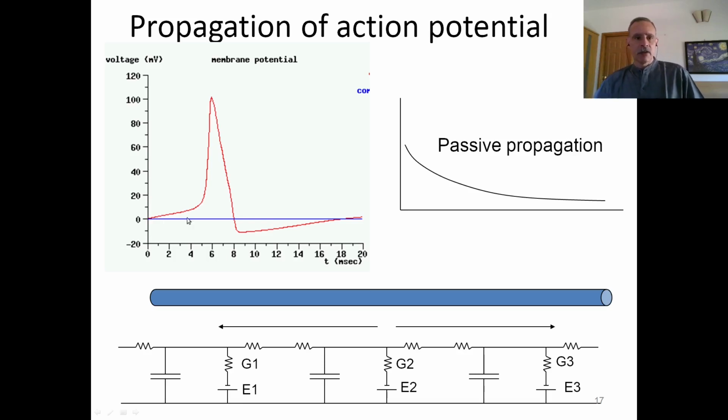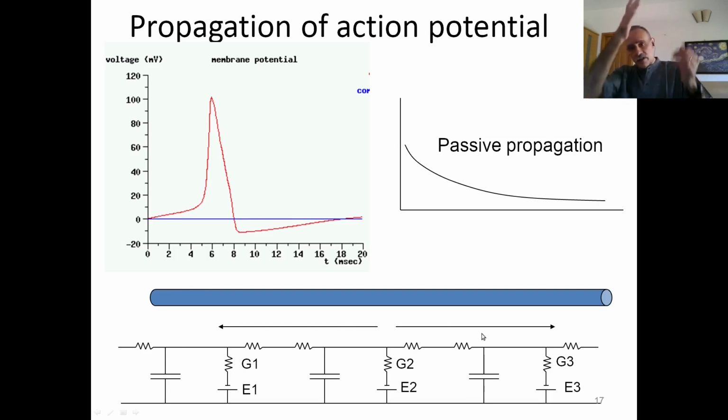All right, so you've already seen this. This is what it looks like if you just record from a small membrane, a single compartment, which is what Hodgkin and Huxley did. You get an action potential in one place. Now, on top of this, let's add the following property, which you already know well: if you have a long cable, no longer this short single compartment, then if you get a depolarization, there will be a passive propagation of the signal along the length of the axon.